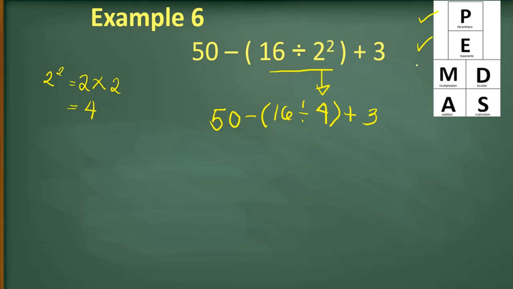So we simplify the exponents, but we have a parenthesis. So we perform first operation inside the parenthesis. So 16 divided by 4 is equals to 4. Then we bring down the rest.